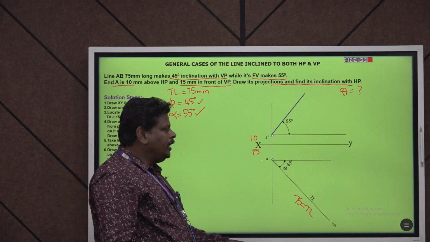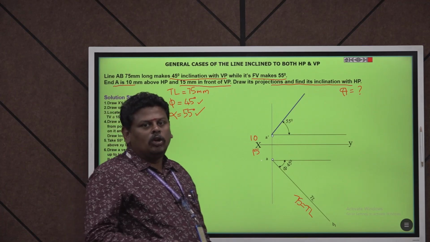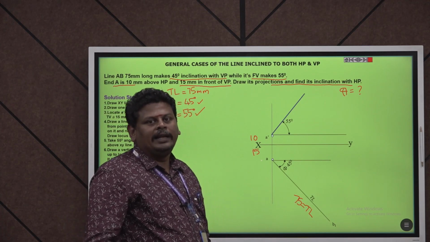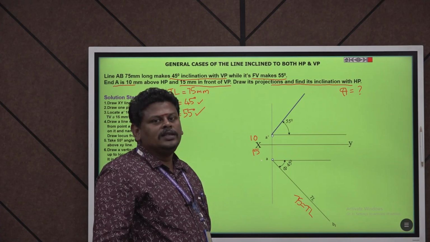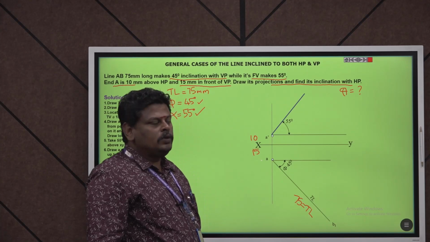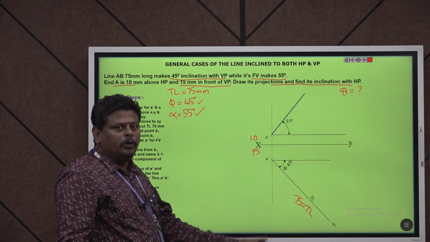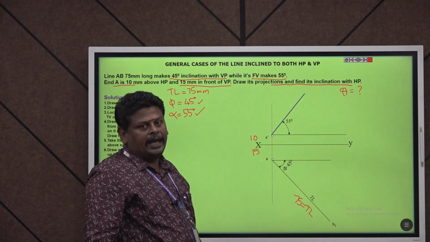From the top view we need to bring the data to the front view and then rotate, because this is the rotating line method, which I told you already. We usually use this rotating line method for solving projection of straight lines. So we need to bring the data from top view to the front view and then rotate in order to find the point B dash.